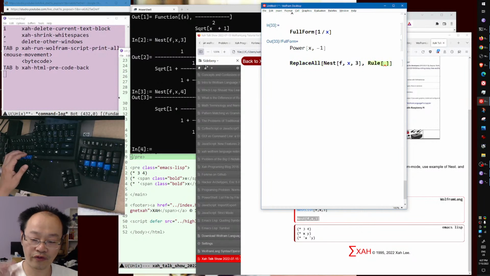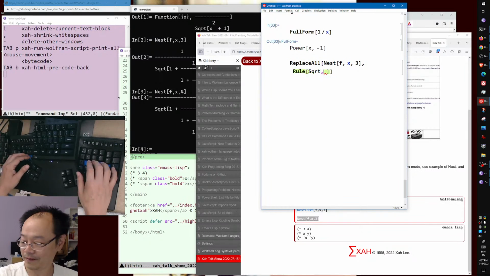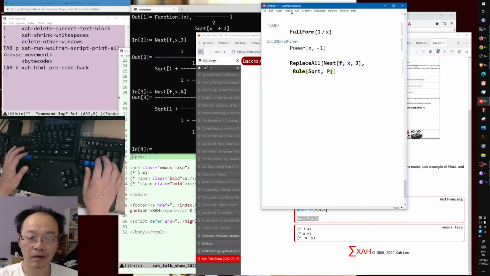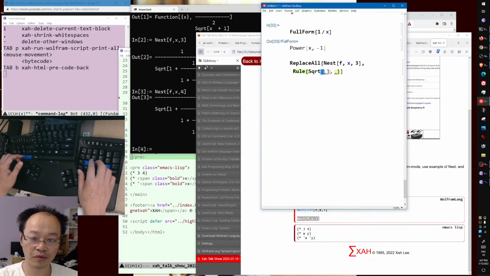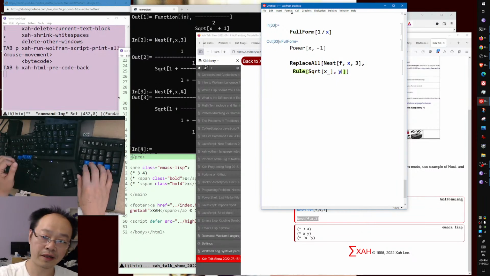Let me use the full form so it's easier to understand. So a rule: you want to replace the square root of anything inside, let's name it x, by, let's just say y, okay?